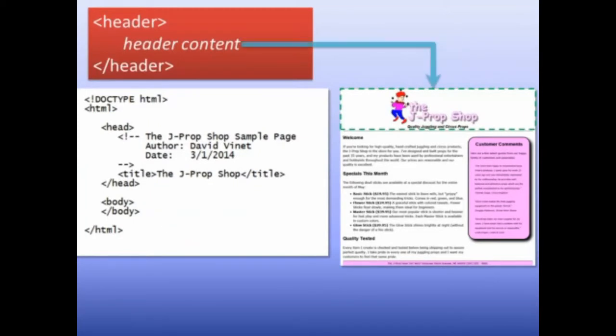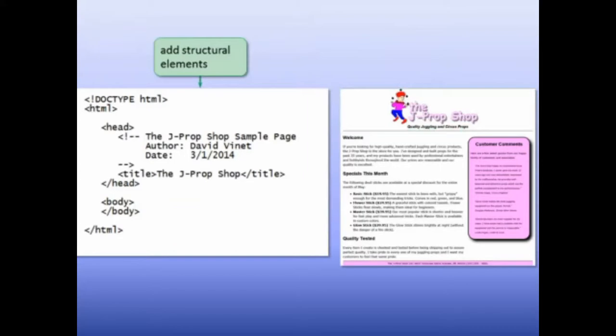In the syntax, header content is the page content you want to display in the page header. You define structural elements in a web page so you can write styles for them and determine their appearance on a web page. Browsers do not provide default styles to display these elements.